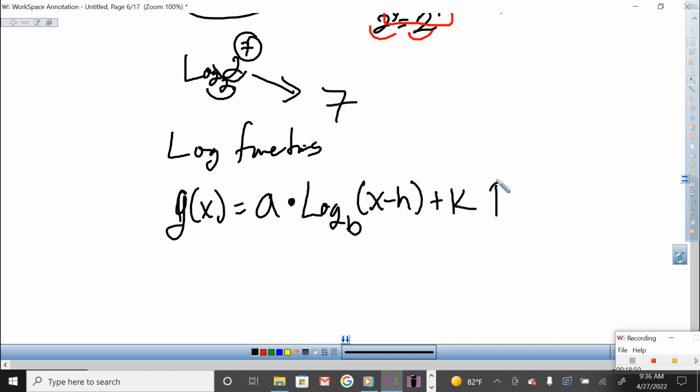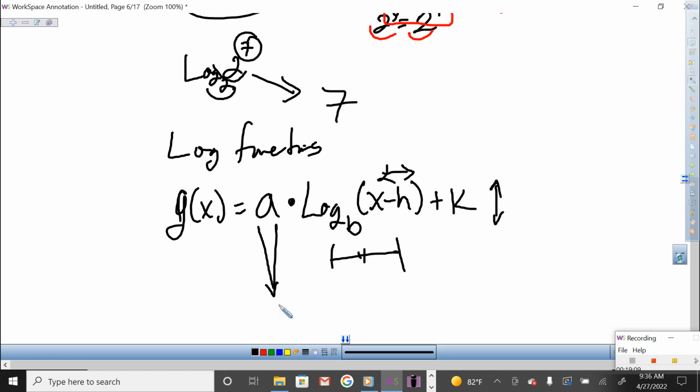Once again, up and down, side to side. The base b stretches or compresses it horizontally. What does A do? Stretch or compress vertically. We got it? Okay.